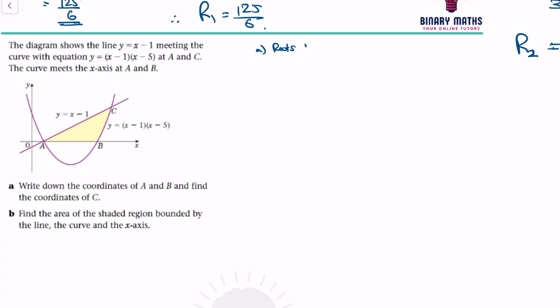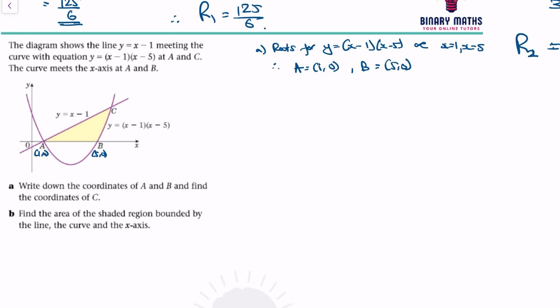Roots for y equals x minus 1 times x minus 5 are x is equal to 1 and x is equal to 5. Therefore, A must be 1, 0, and B must be 5, 0, because B is bigger.